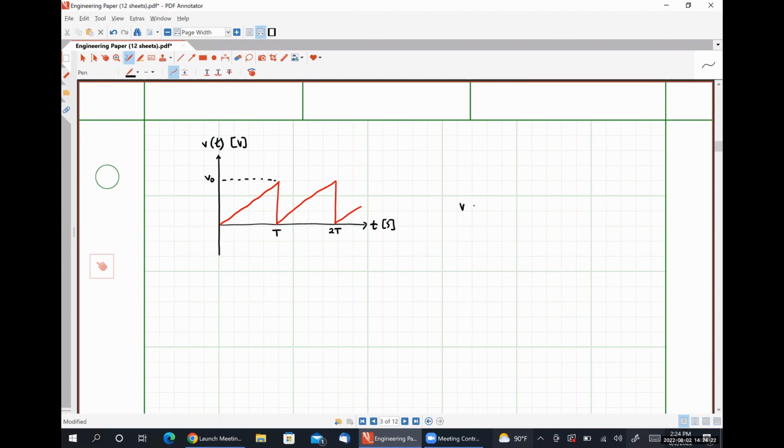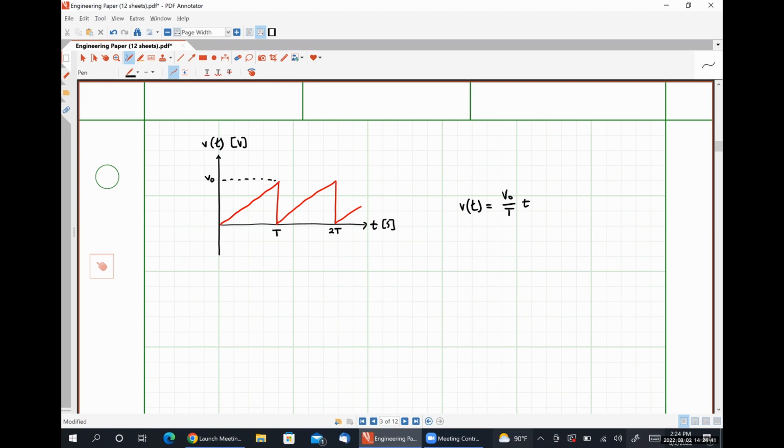One cycle of our voltage waveform looks like V naught over capital T. That's our slope. So that's the rise over the run multiplied by our variable lowercase t.